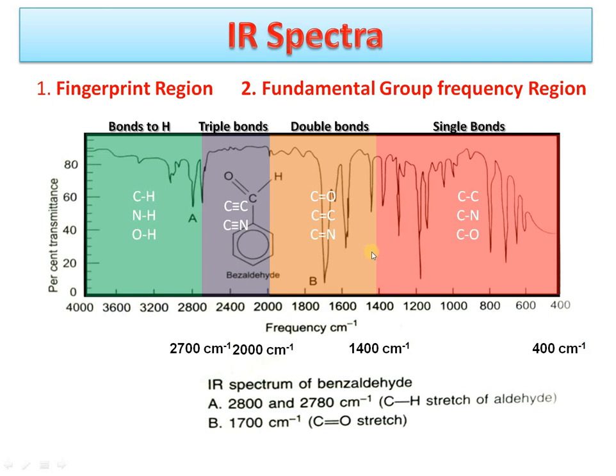So simply, the fingerprint region will give us the information about the molecule if we want to match two molecules in two different samples, while the fundamental group frequency region will help us find out the functional group present in a molecule.